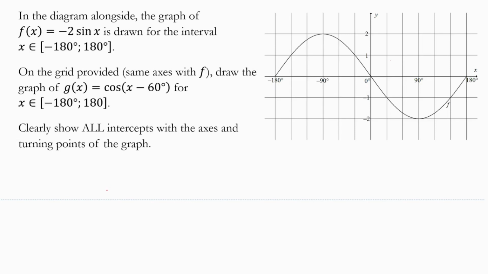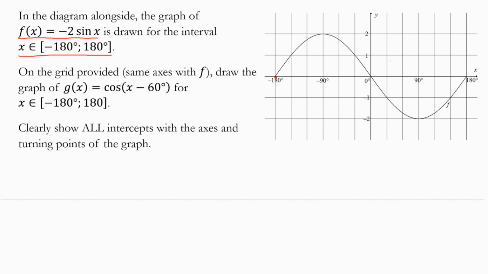We're doing question 7.1. In the diagram alongside, the graph of f(x) = -2 sin x is drawn for the interval x ∈ [-180°; 180°]. It means that x is from -180 degrees to 180 degrees. That's the domain from here up to there.